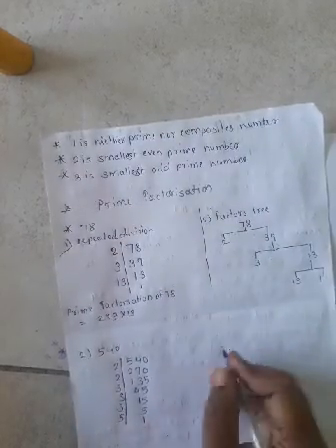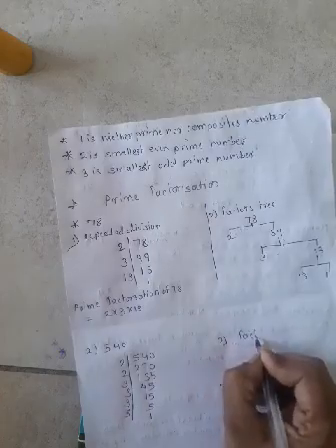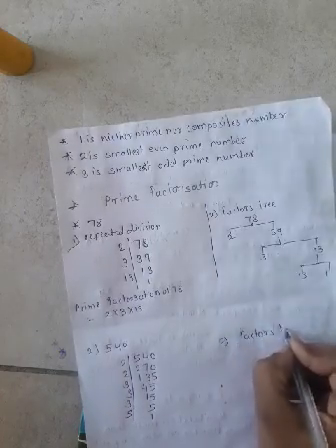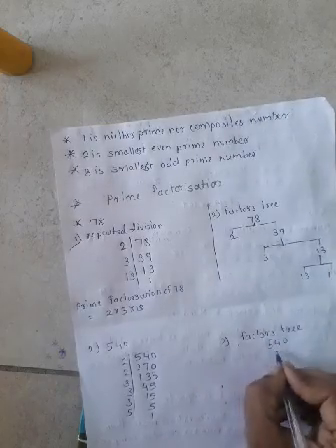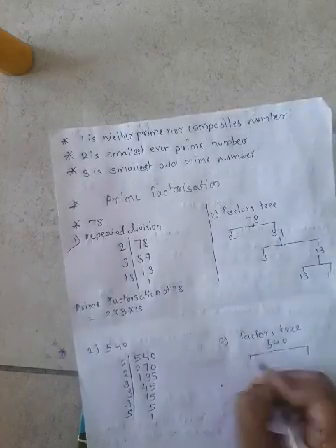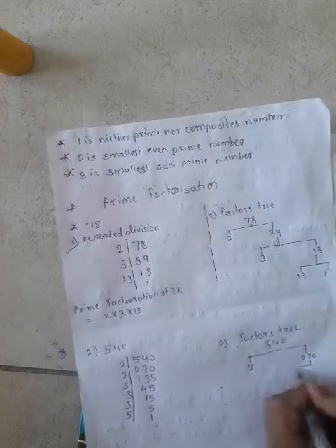Now we build here the factor tree. 540 to 270. 270 is a factor tree.